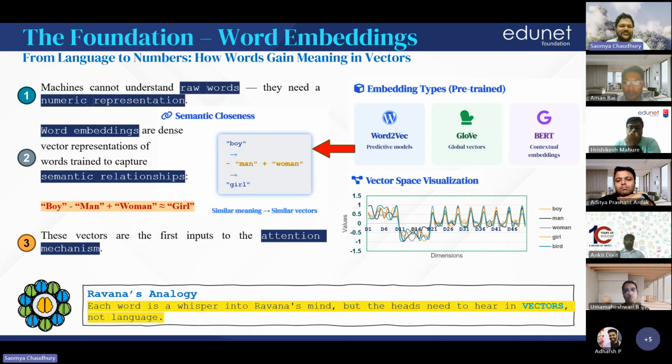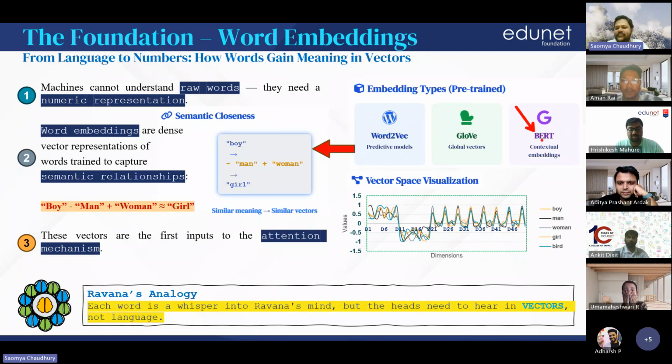Do you remember what is the full form of BERT? I said it yesterday. What is the full form of BERT? Remember? Anyone? Bilingual something, right? No, fine. B stands for bidirectional.